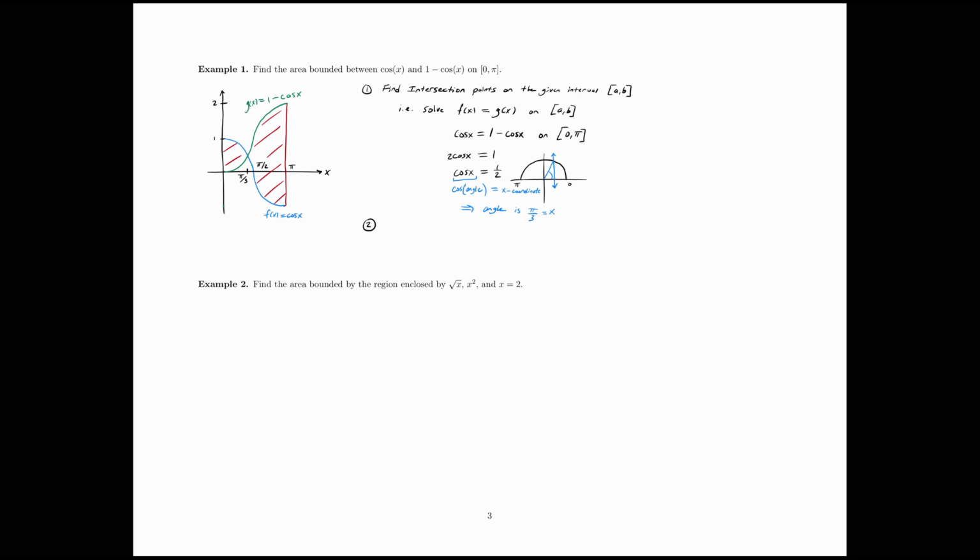Okay, so once you have that, step number 2 in this procedure is to determine which function is above or below. It doesn't matter which, because if you know the answer to one, you know the answer to the other. You could do this by taking a sample point.